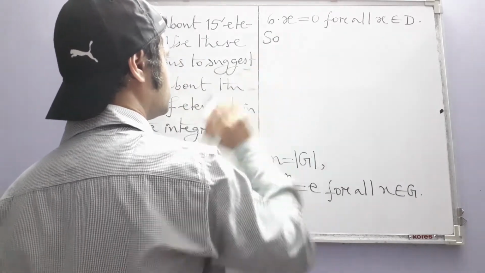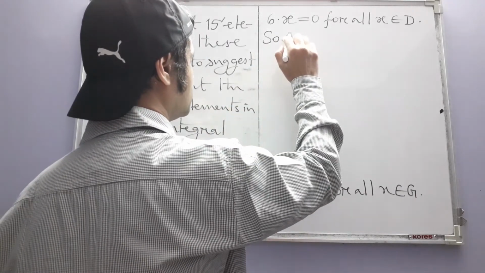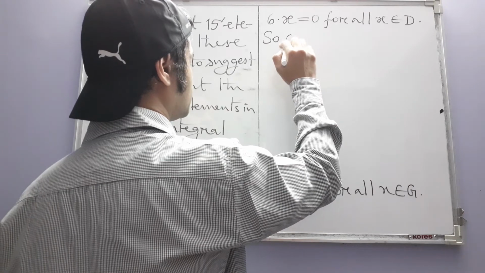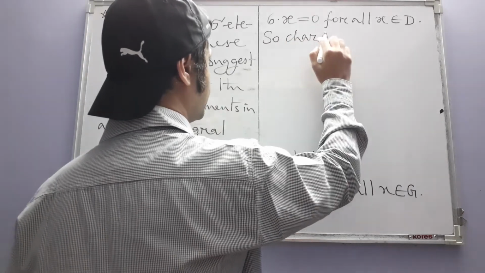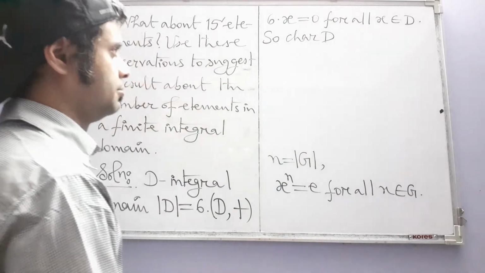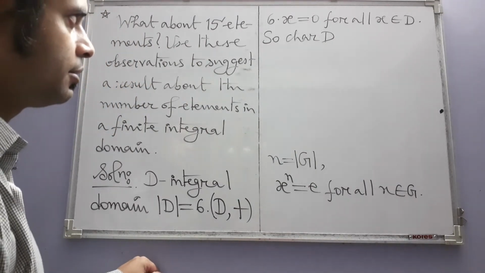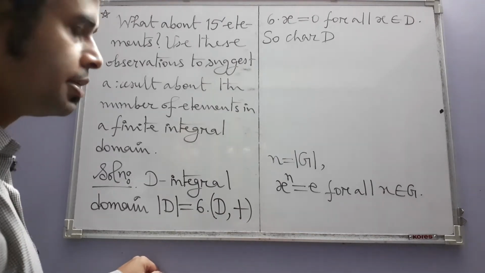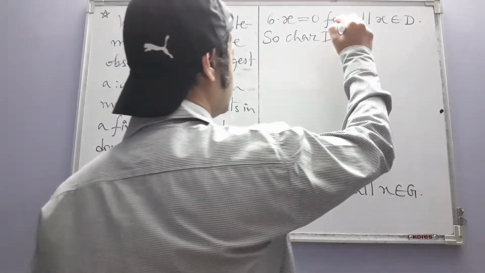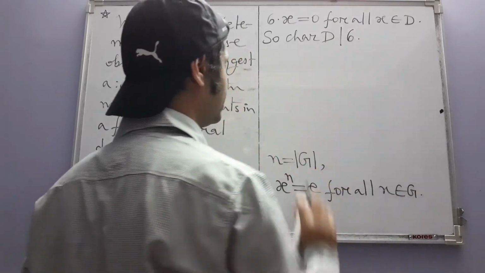So the characteristic of D divides 6. Why is that so?